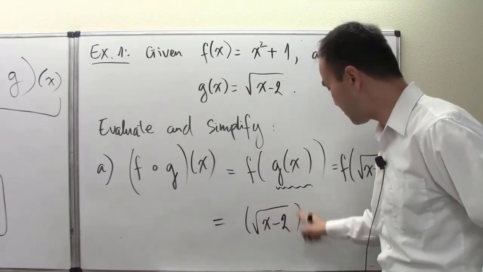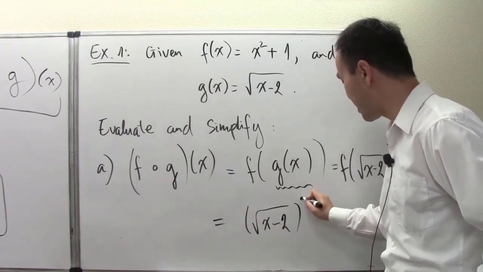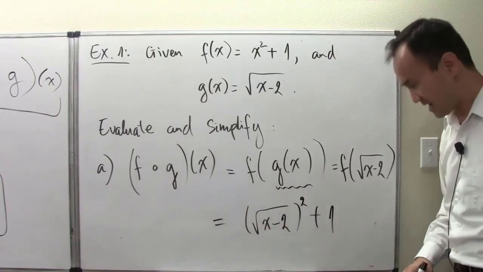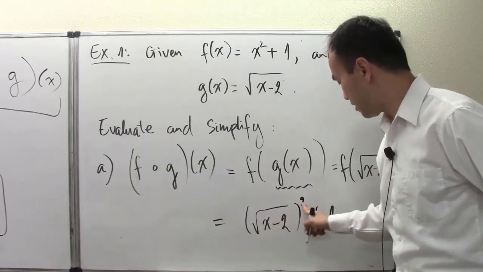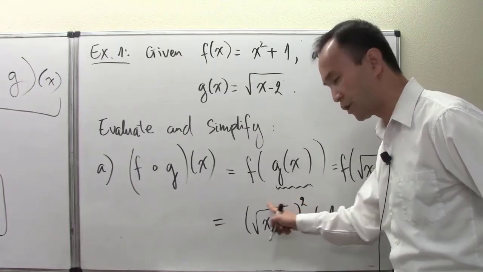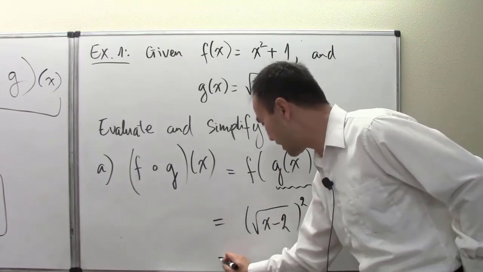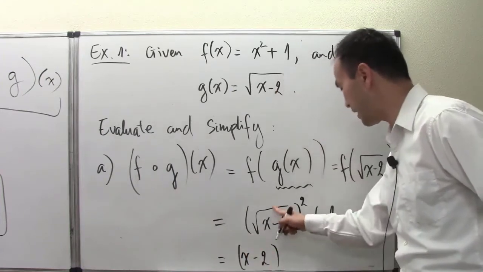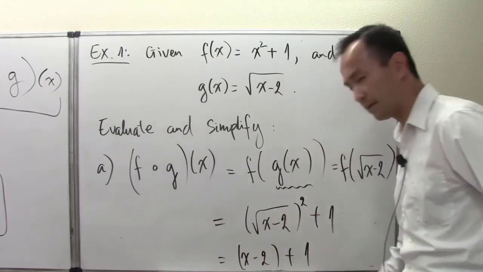So for every input, we're going to square the input and plus 1. And in that way, this square here is outside of the square root, so it will cancel perfectly with the square root and leaves behind just x minus 2 without the square root, and then plus 1.